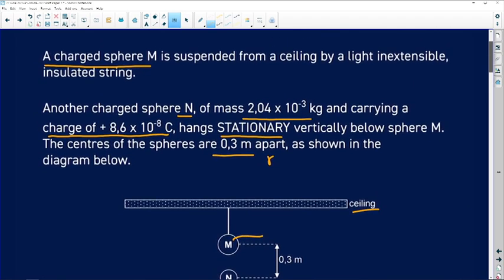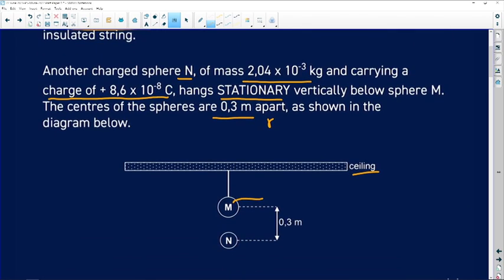What we can do in the meantime is check whether we are given anything on sphere M. On sphere M, we are not given anything, but on N, we are given the charge, 8,6 times 10 to the power negative 8 coulomb.